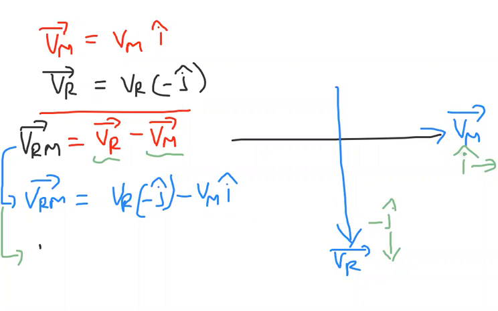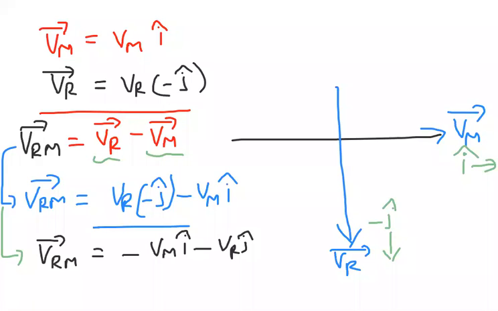So from here what I got is VRM bar is equal to minus VM i cap and minus VR j cap. Now it is very easy for us. If you observe this line, I'm taking the last line on the next page.